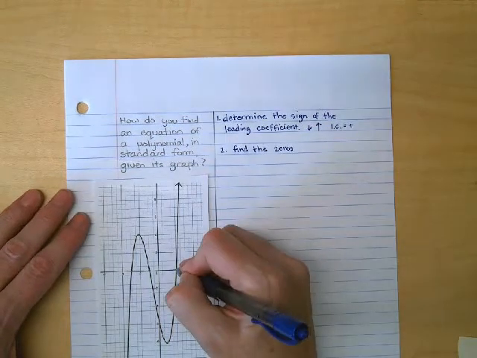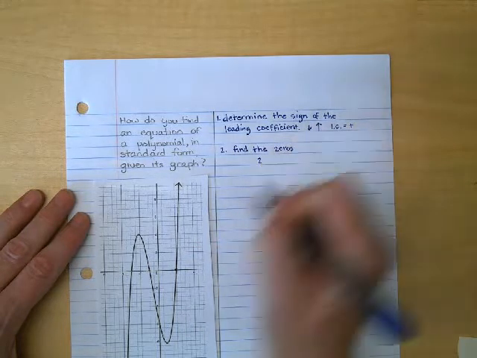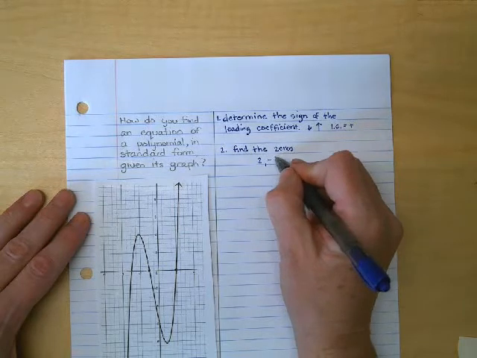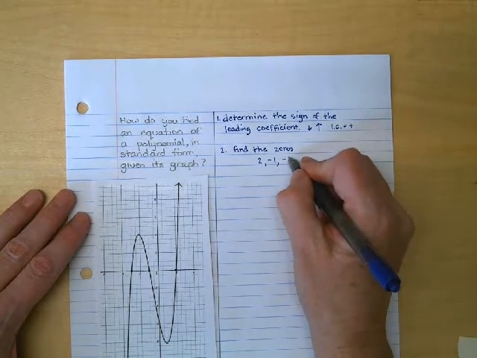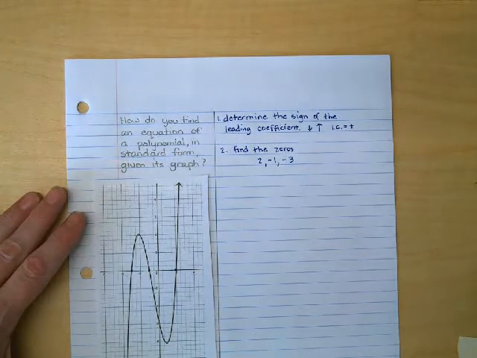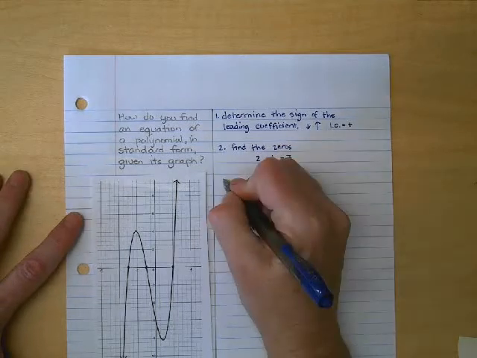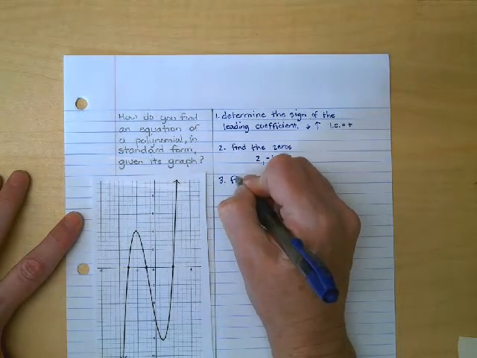So I just look here. There's a 0 here at 2. There's a 0 here, it's kind of hard to tell, which is at -1. And there's a 0 there, which is at -3. Now that we have the zeros, we're going to find the factors.